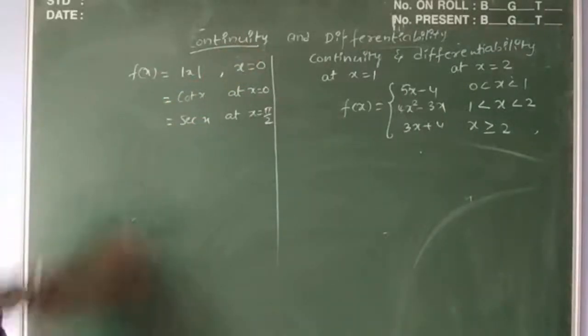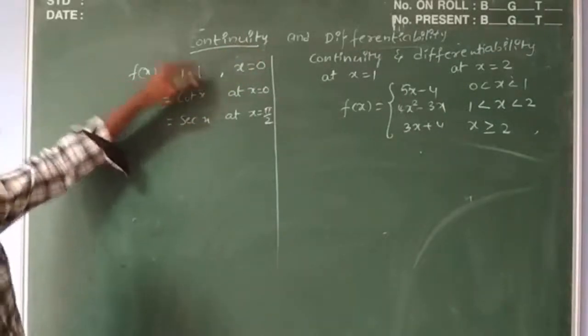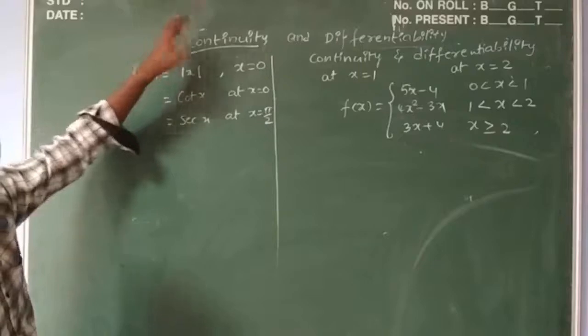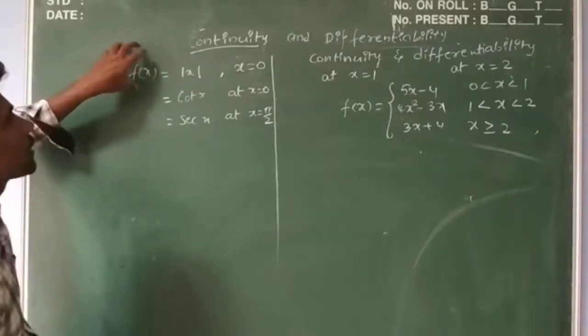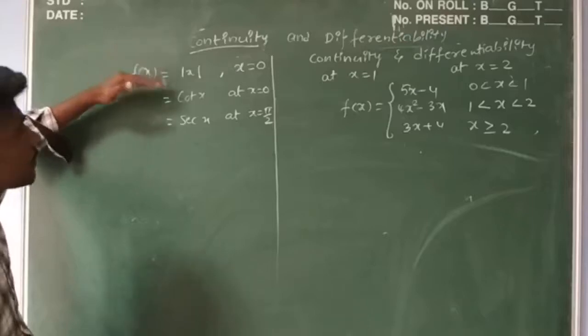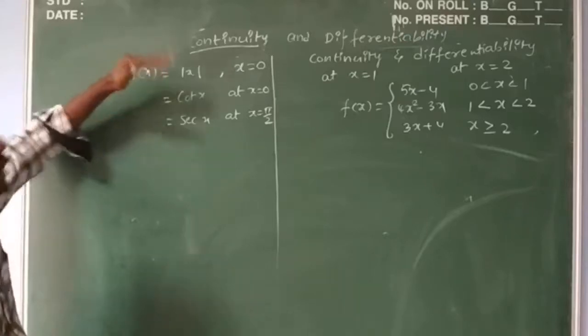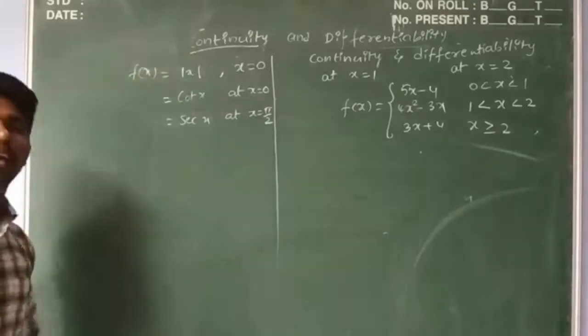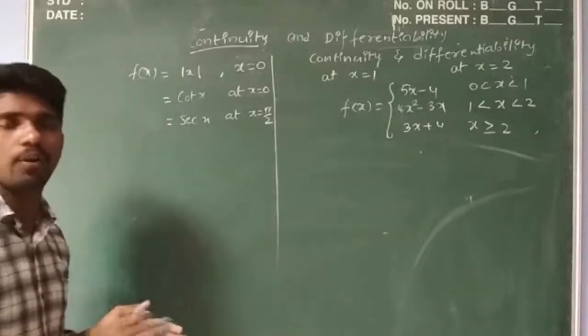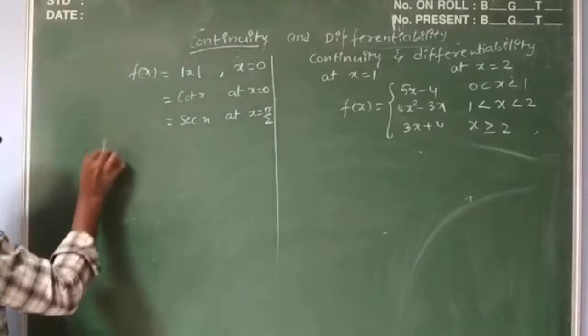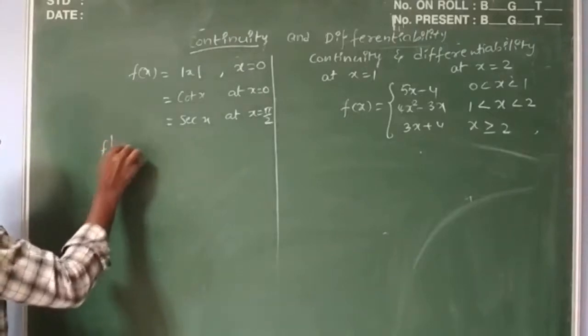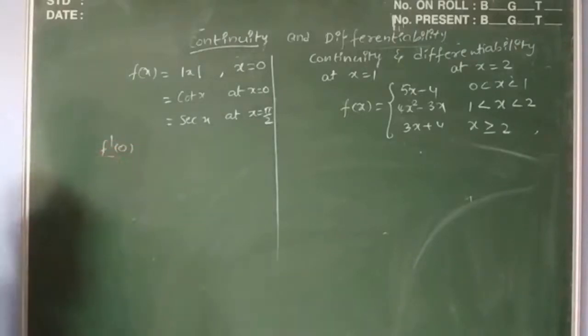See, the function f of x is equal to mod x is a continuous function for all real numbers. So to check whether it is differentiable or not, I have to find out its left derivative and right derivative. So let me find the left derivative, f dash of 0 minus.